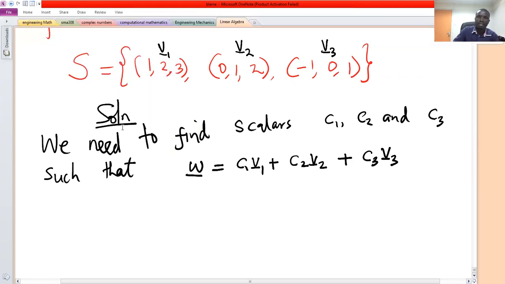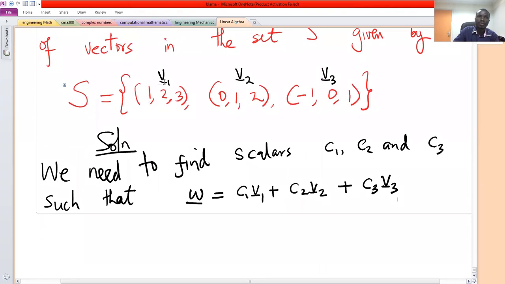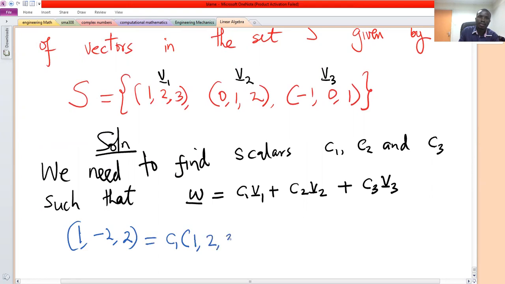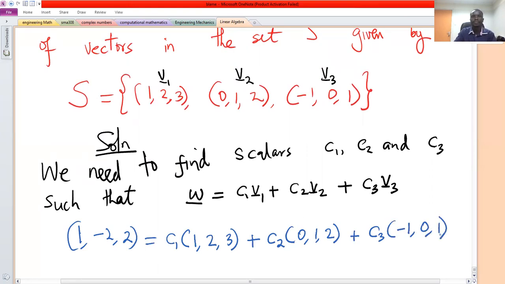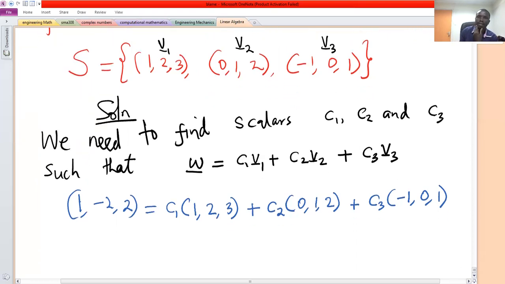So putting in the vectors, W is (1, -2, 2). So (1, -2, 2) is equal to C1 times V1, which is (1, 2, 3), plus C2 times V2, which is (0, 1, 2), plus C3 times vector V3, which is (-1, 0, 1). And then we simplify the right-hand side.